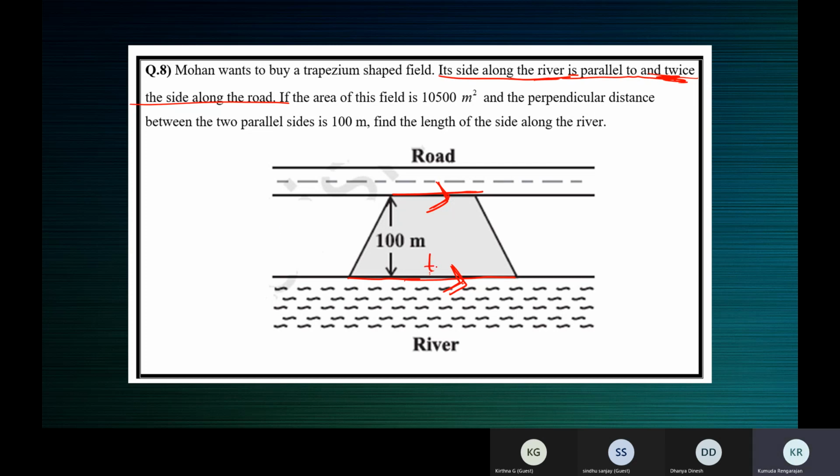If you call this x, this will be 2 times x. If the length of the side along the road is x, then the length of the side along the river is 2x. Given very clearly.